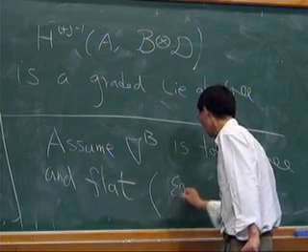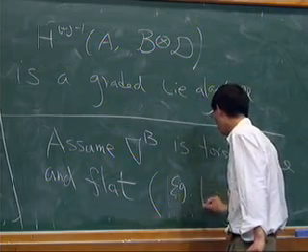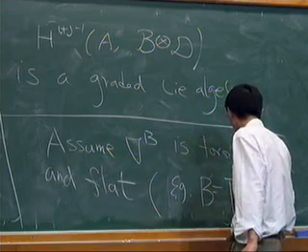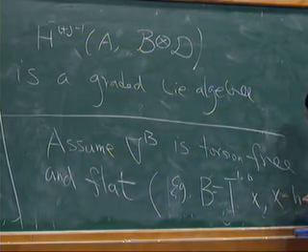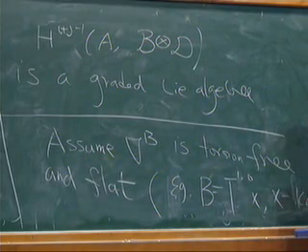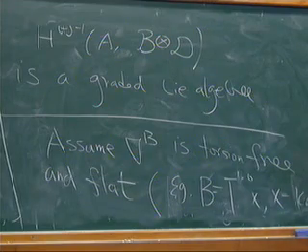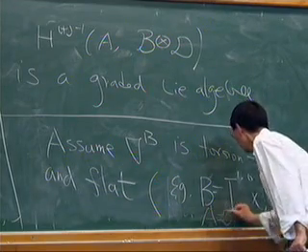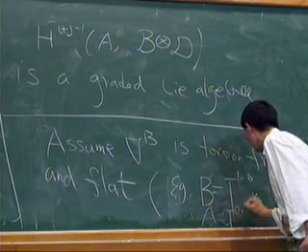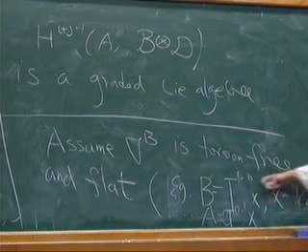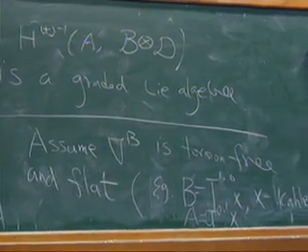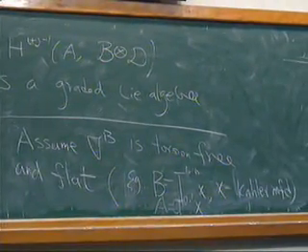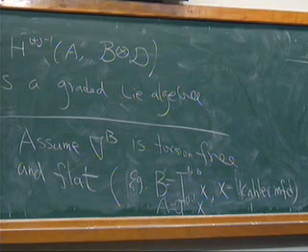Let me just show two cases. So if B is T10 and X is a Kähler manifold, and A is just T01, then the Levi-Civita connection will be a flat connection, a T10 connection, which is torsion free and flat.